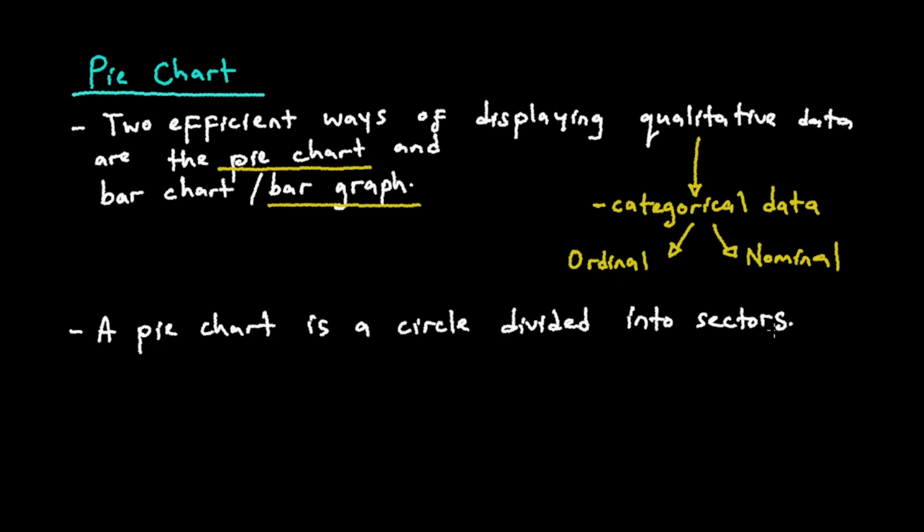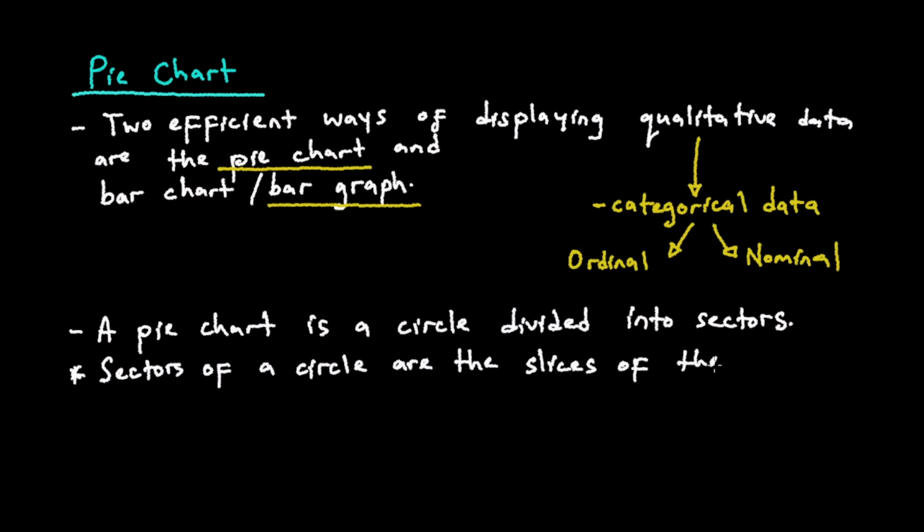So I'm sure we all know what a circle is. We equally know what sectors are. Sectors are simply slices on a circle. So sectors of a circle are the slices of the circle.